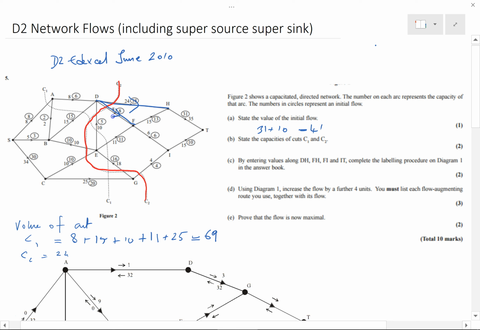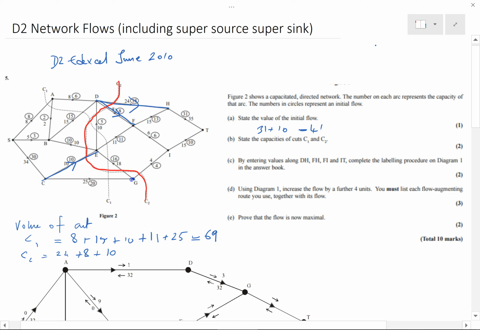This one definitely does. That's 8. But this one doesn't, because I'm starting off at the sink side there. And neither does this one, because that starts off at the sink side, but this one does, and that's 10. Remember, it's capacities. In this case, it's the same, but we must make sure we count the 24.